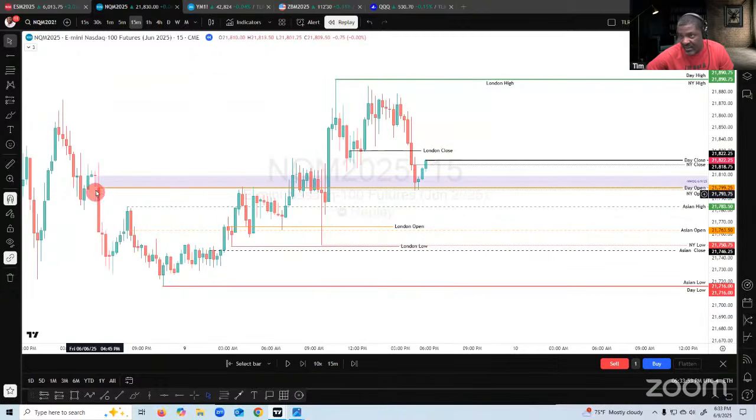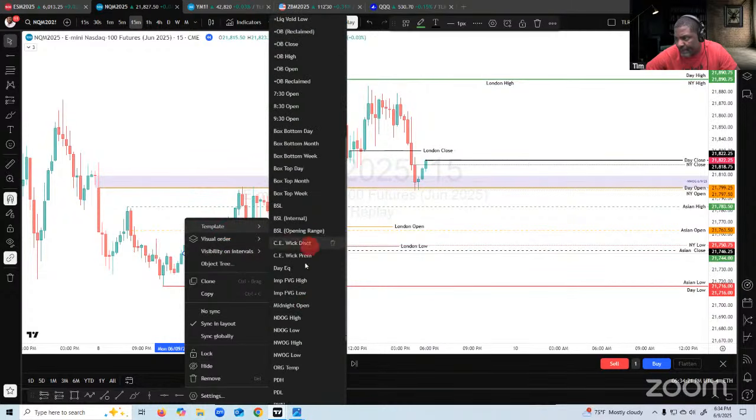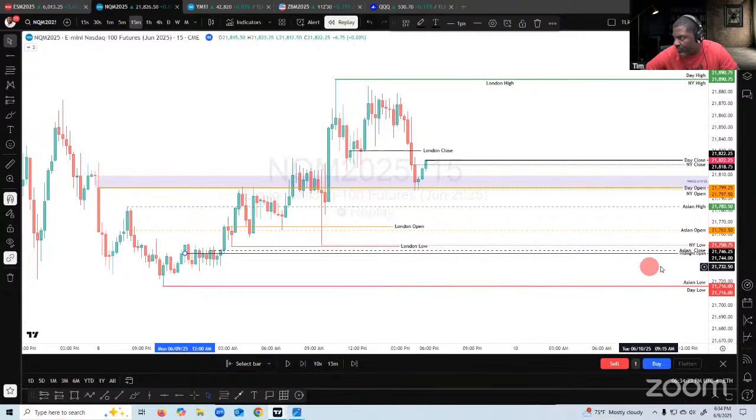So we'll see our actual open, the difference between the close on Friday to there. That's how I knew they opening gap, right? And then last thing I put in there is the midnight line for the true day open. Midnight open.